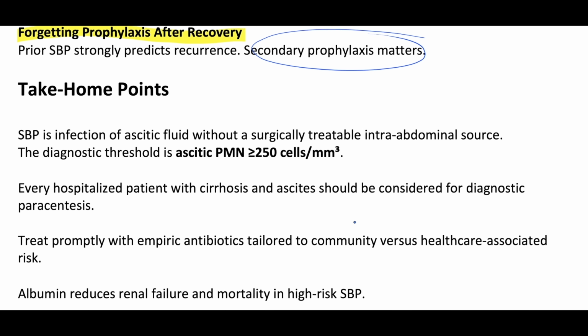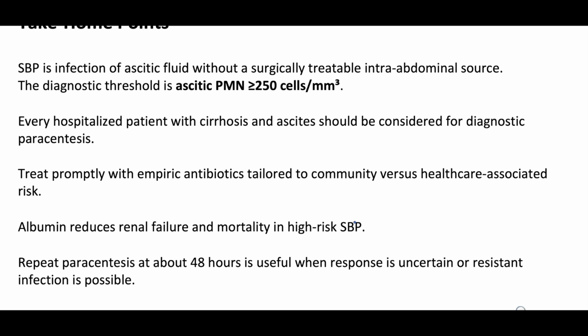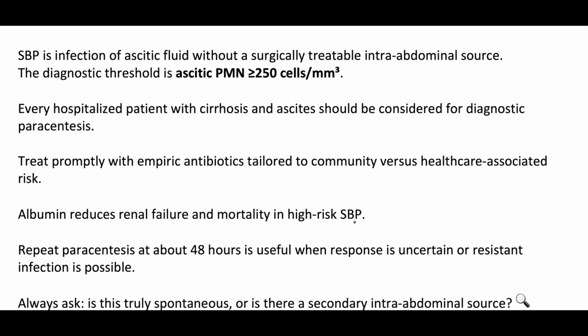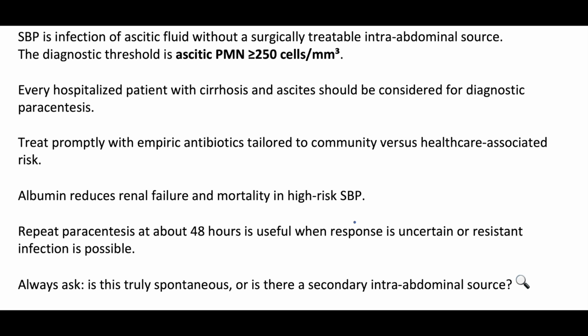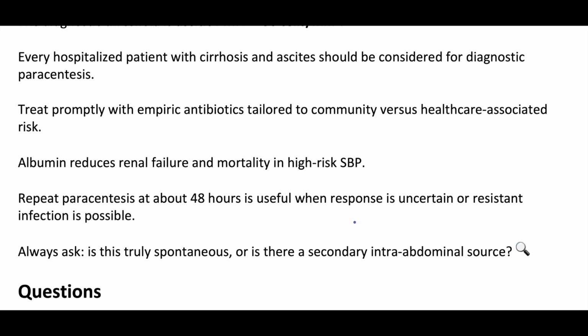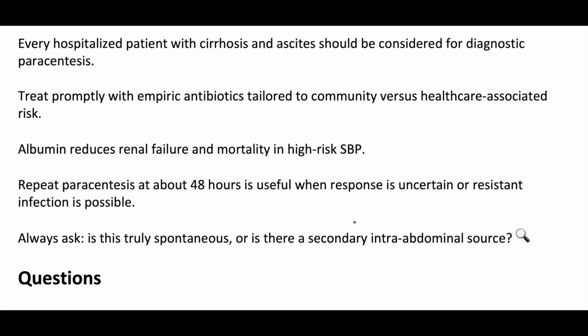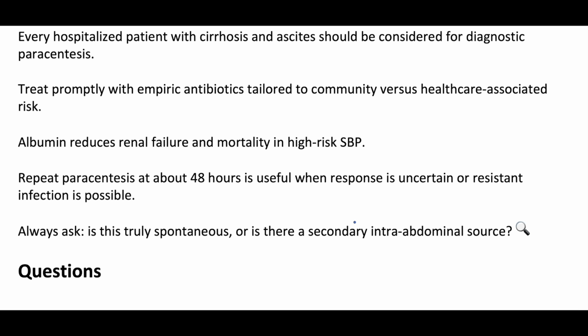So take-home points. SBP is an infection of the ascitic fluid without a surgically treatable intra-abdominal source. Diagnostic threshold is PMNs greater than 250. Every hospitalized patient with cirrhosis and ascites should be considered for diagnostic paracentesis. Treat promptly with empiric antibiotics. Tailor to community-acquired SBP versus healthcare-associated or MDR organism risk.